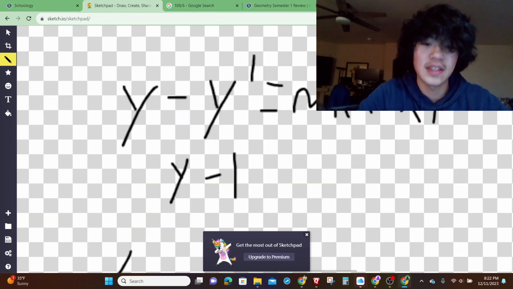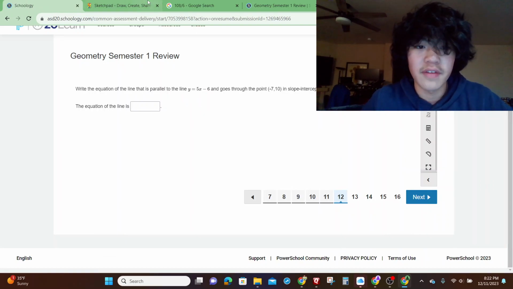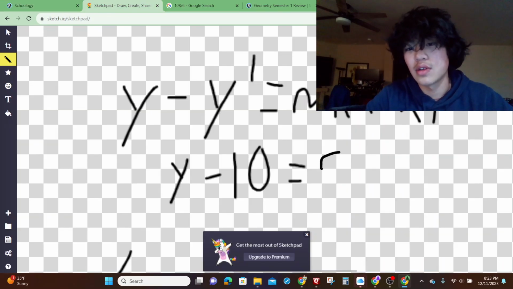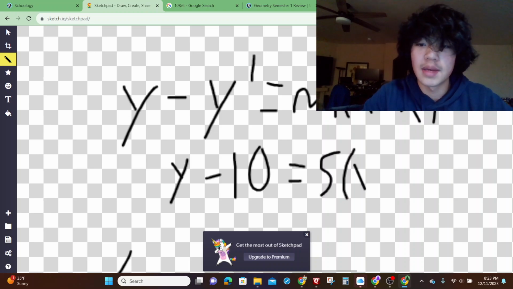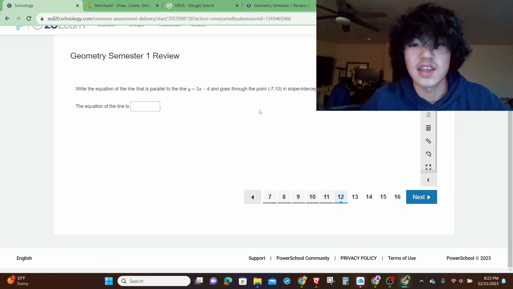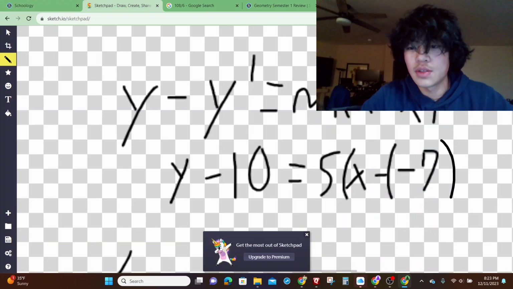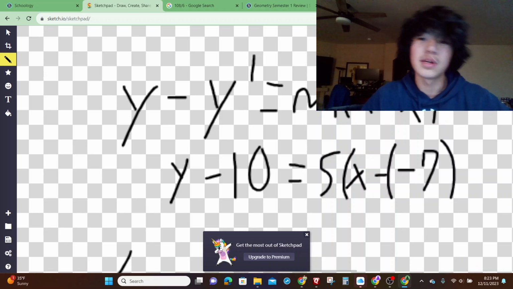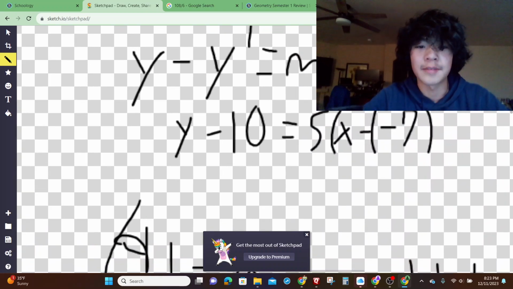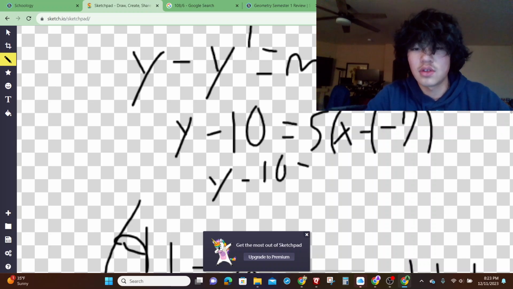So y minus 10 equals the slope. Our slope is 5x because we're finding the line parallel, so it would have the same slope, times x minus x1, which in this case is negative 7. But when subtracting a negative, everybody knows that's basically like adding. So y minus 10 equals 5x plus 7.